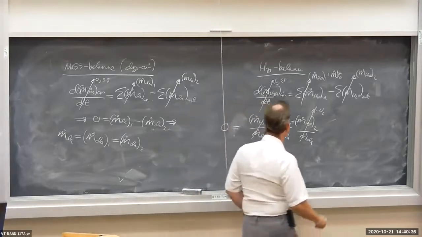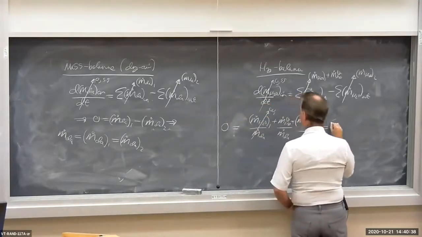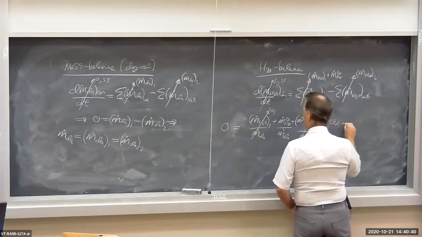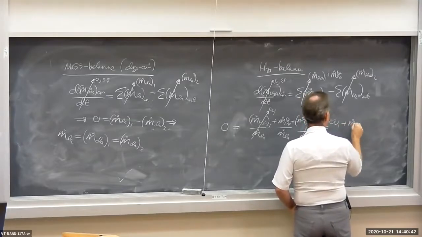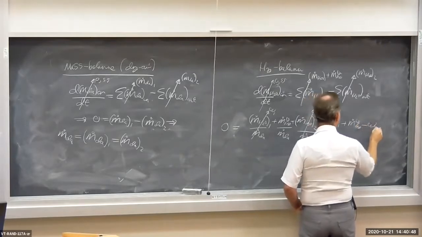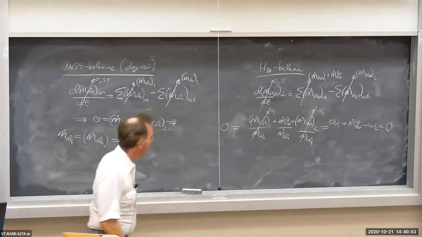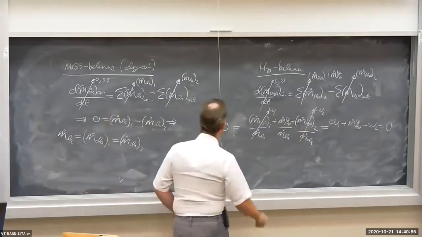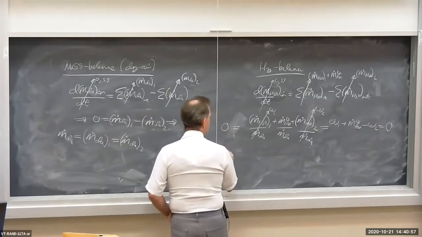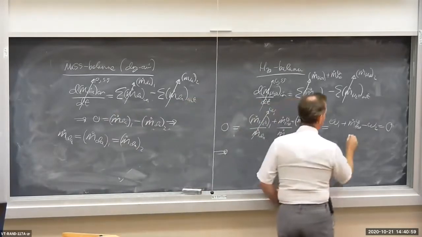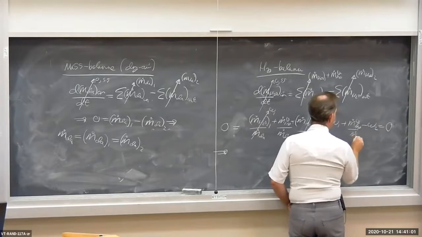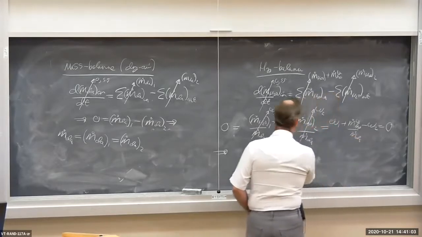So what have I got here? I have omega 1 plus m dot liquid H2O minus omega 2, and all of that equals 0. Okay? So let's solve for m dot liquid. Oops, m dot dry air, I forgot the m dot dry air.